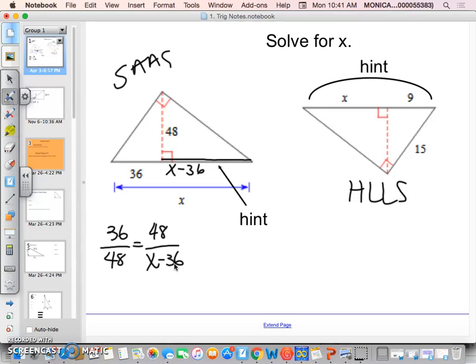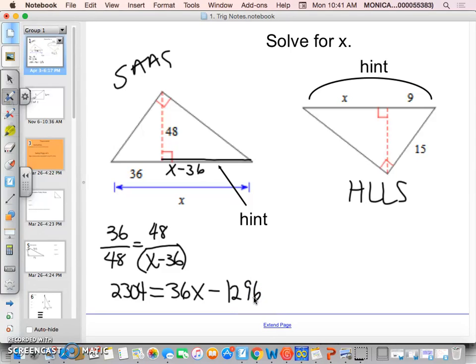So then we would simply get our calculators out and cross multiply. 48 times 48 is 2,304. And then you have to set this in parentheses. So this would be 36x minus 36 times 36, which is 1,296.